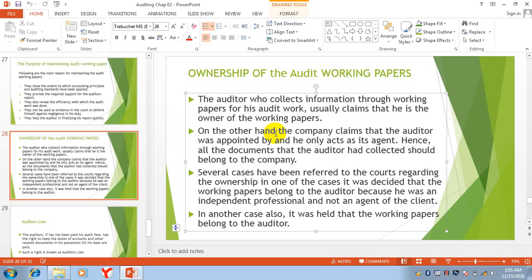On the other hand, the company claims that the auditor was appointed by it and he only acts as its agent. Since we hired the auditor and we are paying the fee to the auditor, he is an agent of the company.